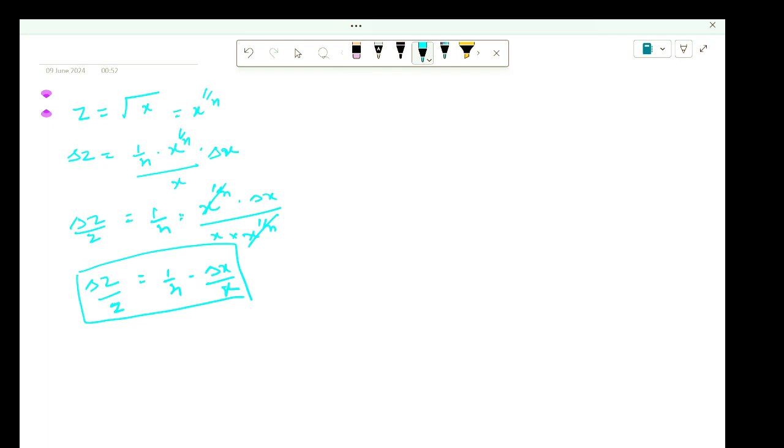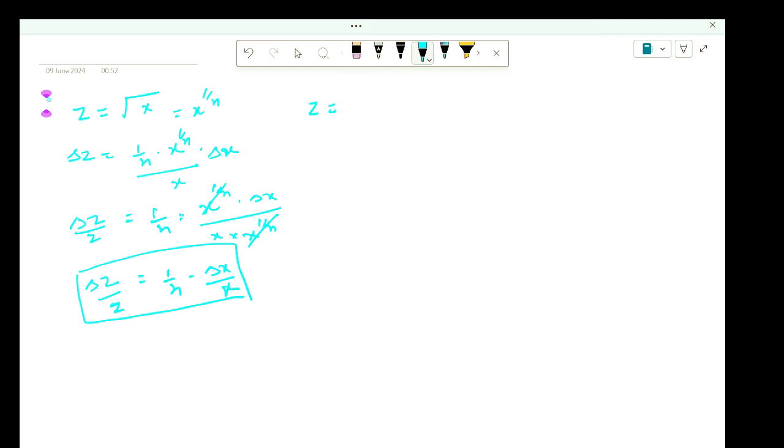So in this one simple example, I'll explain one example. For example, one physical quantity is represented in powers. So consider like that, Z is equal to A square B cube by C power 4, they are given like this.